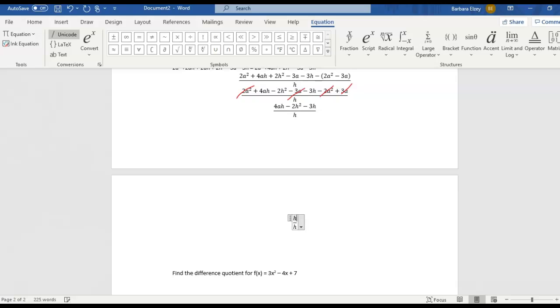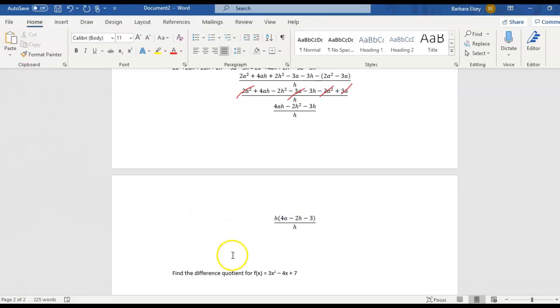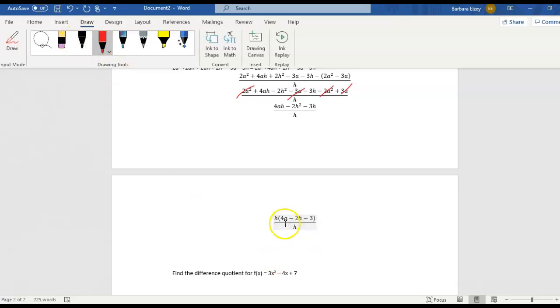So if we take an h out of every term on the top, the first term becomes 4a, the second term loses one of its h's, and the 3h loses its h, and we have the following. And now, let's just cancel out our h's, and we will be done with our difference quotient for this problem. And here is our answer, 4a minus 2h minus 3.